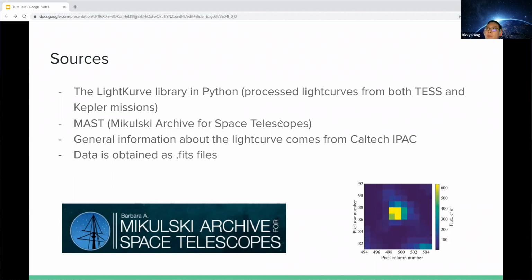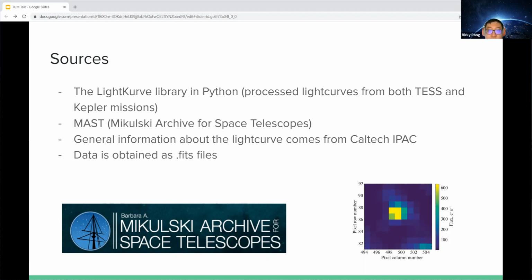Another source we have comes from Caltech IPAC. They have a program called ExoFOP, which is the Exoplanet Follow-up Observing Program, and this program is where we get other data, so data that's not about the light curve itself.